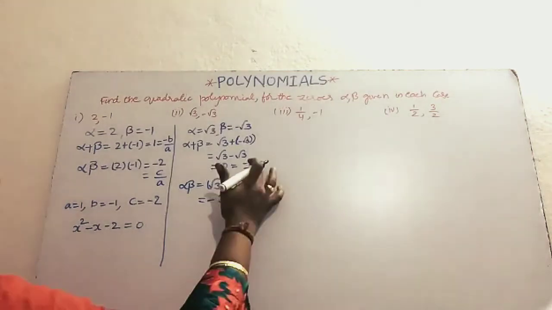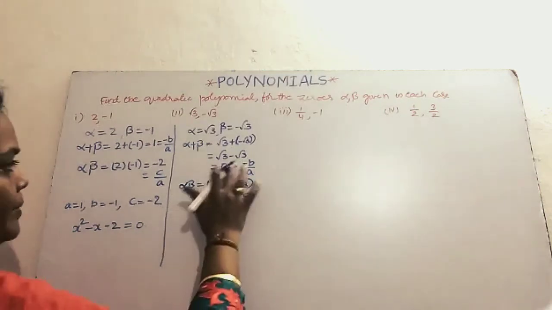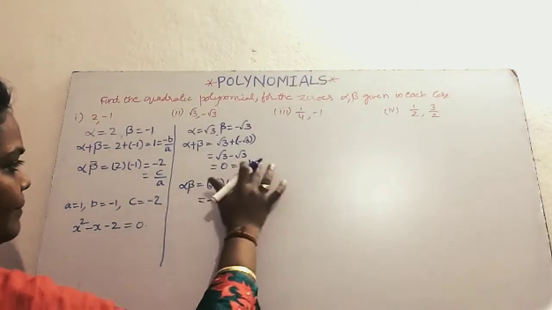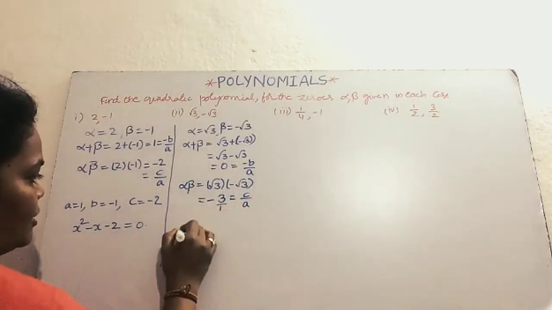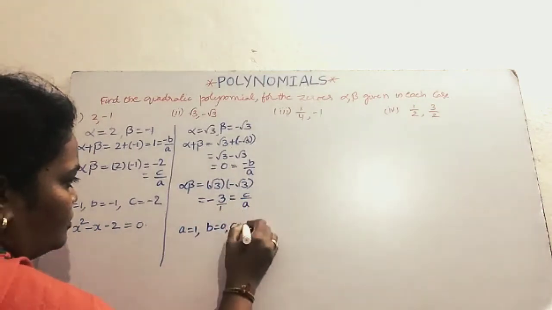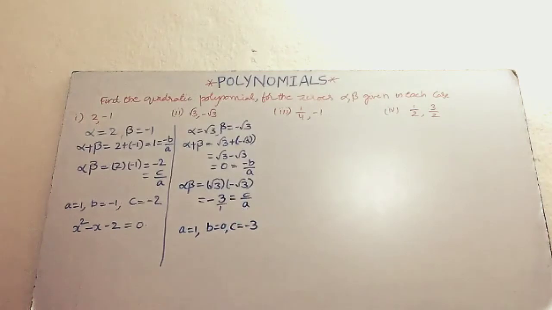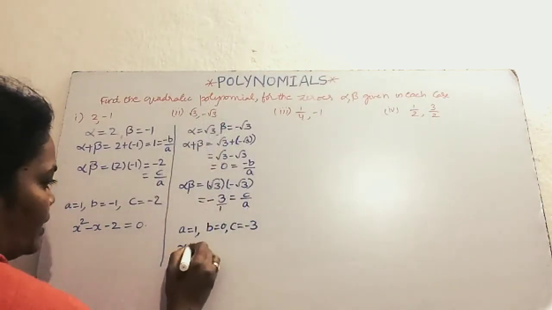So observe this. Here minus b by a equal to 0. When b equal to 0, then minus b by a is 0. So that means here a equal to 1, b equal to 0 and c equal to minus 3. So then what is the quadratic polynomial? x square.